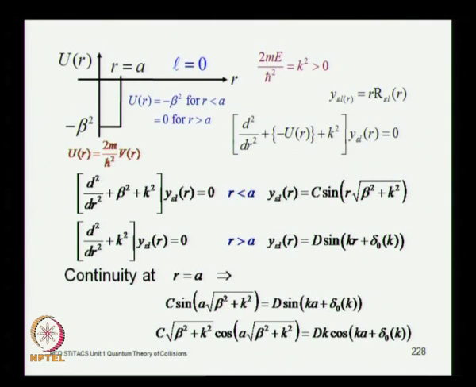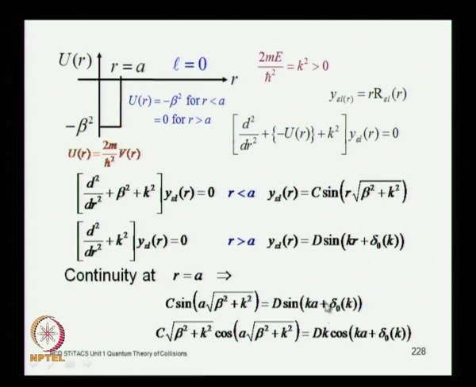Now, we impose the boundary conditions at r equal to a. So, these two solutions must be equal and their derivatives must also be equal. So, the derivative will give you the cosine term in both multiplied by the factor which multiplies r. So, in this case it is the square root of beta square plus k square, in this case it is k, right.